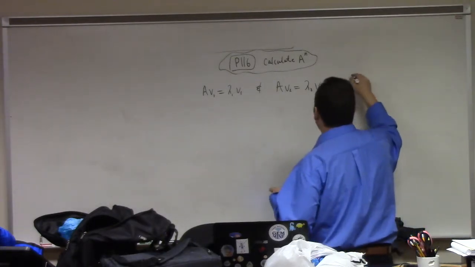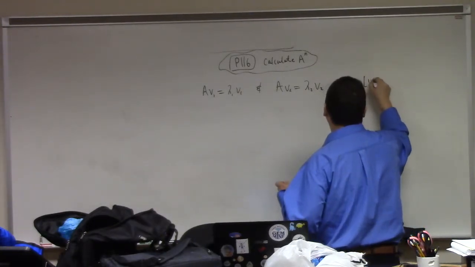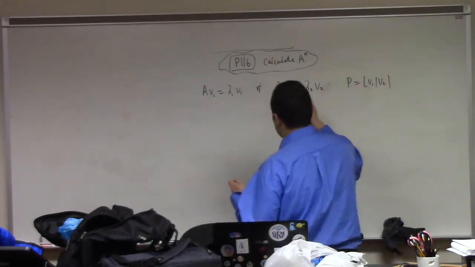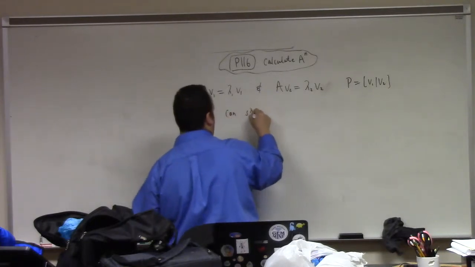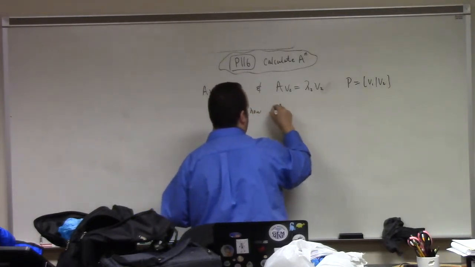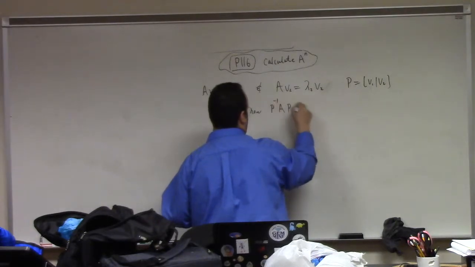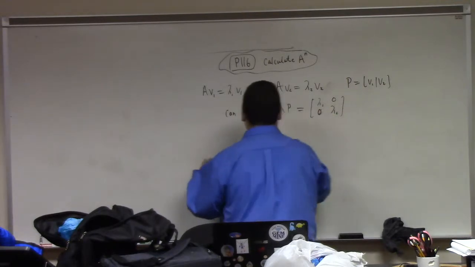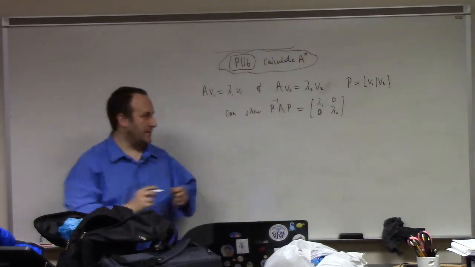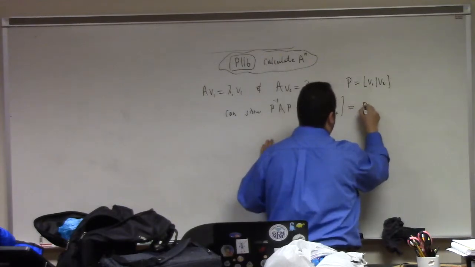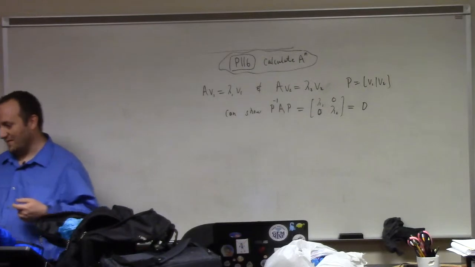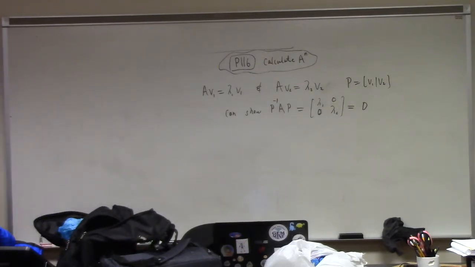Then if we look at P equal to [V1 V2], we can calculate that P inverse AP is equal to, well, diag(lambda 1, lambda 2). In other words, and I typically call this thing D for diagonal, right? So this problem 116 example, you can calculate the eigenvalues and eigenvectors. And it is, in fact, diagonalizable, right?